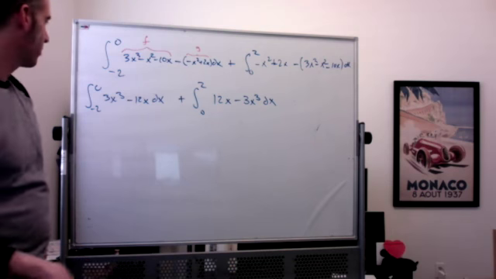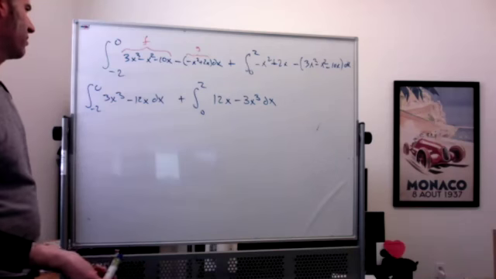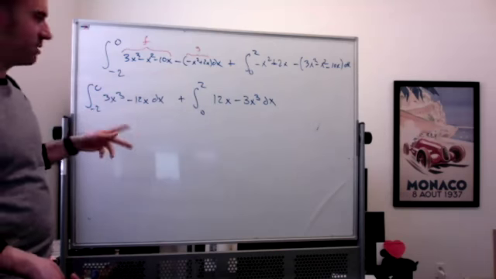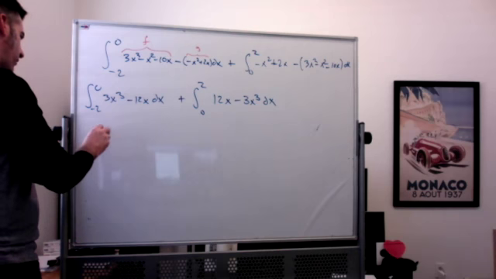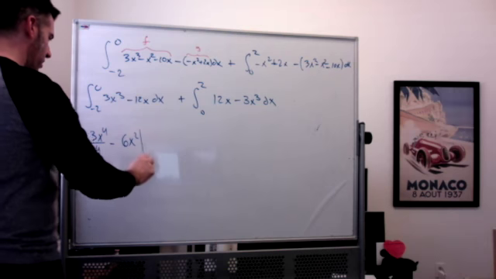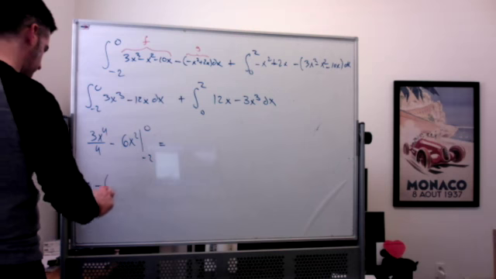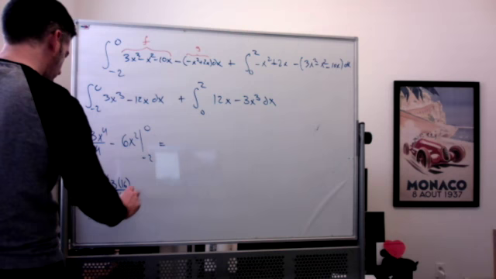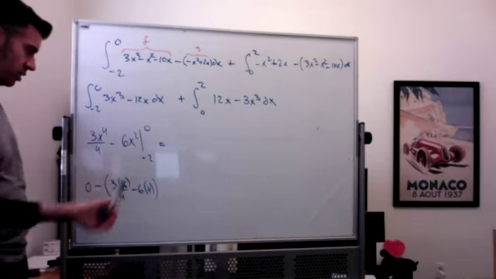And then we actually have to do the integral. I think they end up being pretty much the same since they have the same kind of limits. But let's check. So here I'm going to get 3x to the 4th over 4 minus 12x squared over 2 is 6x squared, from -2 to 0. That's going to be 0 minus 3 times 16 over 4 minus 6 times 4, plugging in the -2.